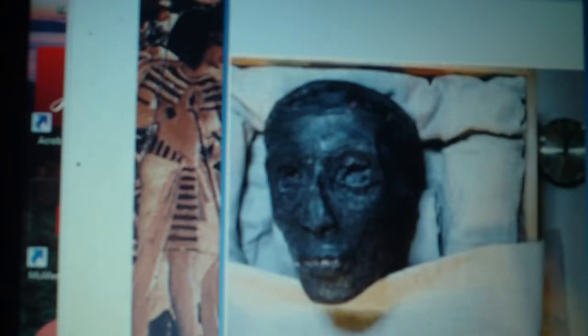Now, I've said that this is Tutankhamun. There was two.